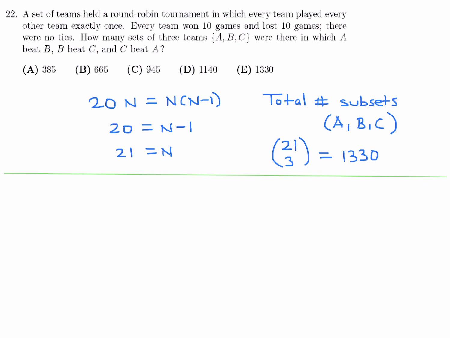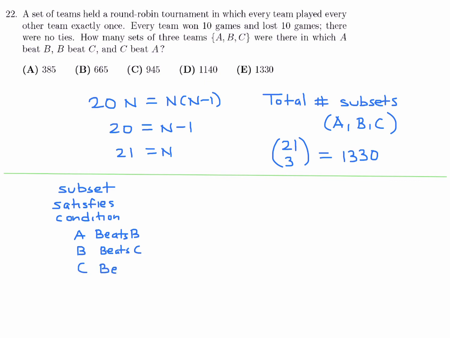All right, well, the subsets that satisfy that condition, if you have a scenario where A beats B, B beats C, and C beats A, basically it's like a circle, right? So this is the subset that we're interested in.